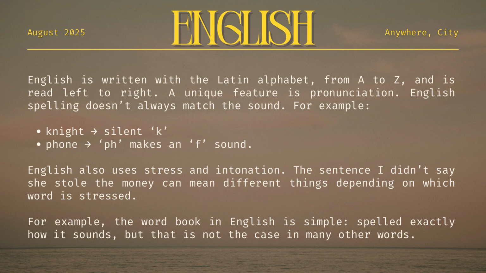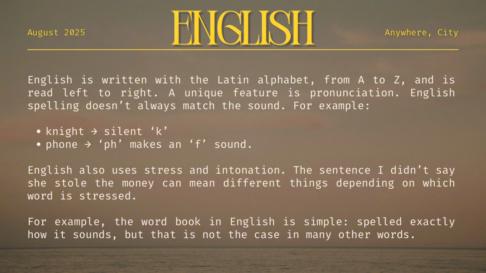Now, the first language that we're going to start with is English. English is written with the Latin alphabet from A to Z and is read from left to right. Its unique feature is pronunciation. You might be wondering, why is it considered a unique feature?